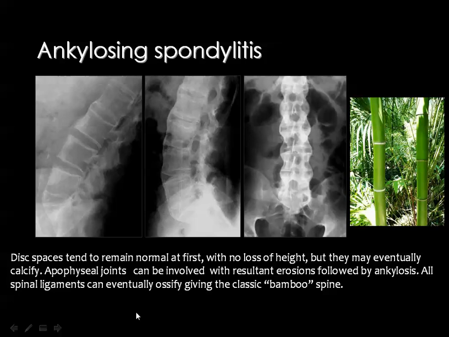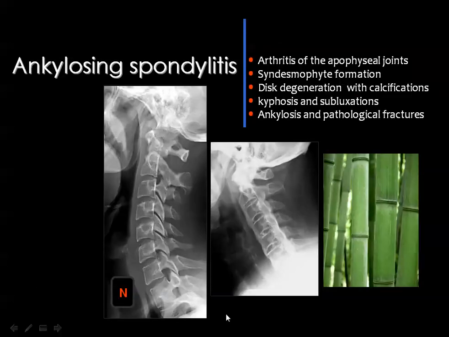This is the classic appearance of bamboo spine due to ankylosing spondylitis. You see obliteration of the joint spaces in the sacroiliac region, and calcification of all the spinous ligaments, anterior, posterior, interspinous, and lateral ligaments of the spine will end by this classic appearance of bamboo spine.